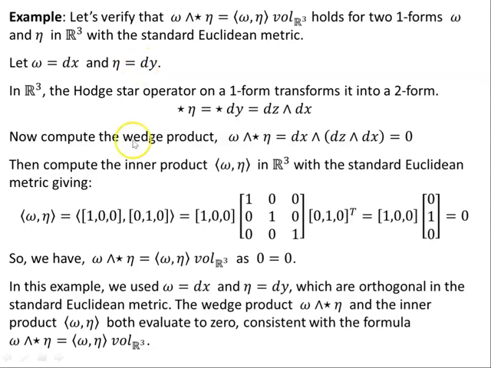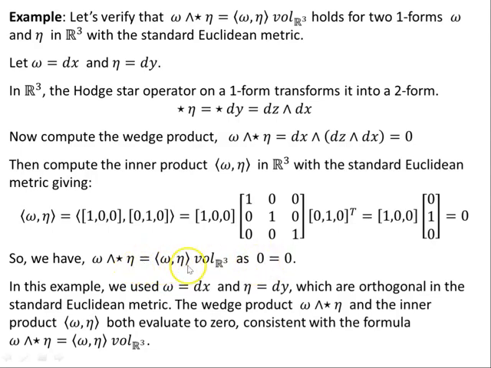For dy, you've got 0 in the first place x and 0 in the last place z. To evaluate that, it is the row vector times the metric times the transpose of the last covector, and we get 1, 0, 0 against 0, 1, 0, which is 0. So omega wedge Hodge star of eta is equal to 0.